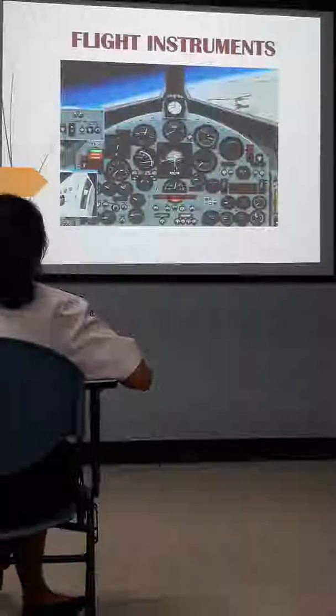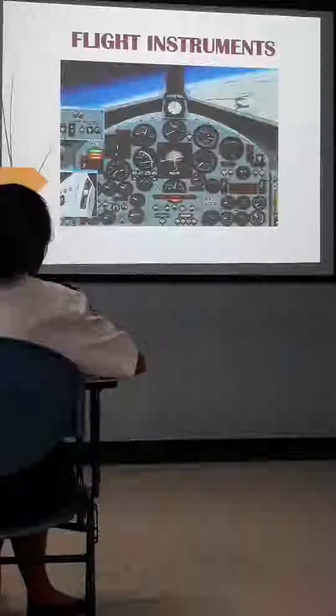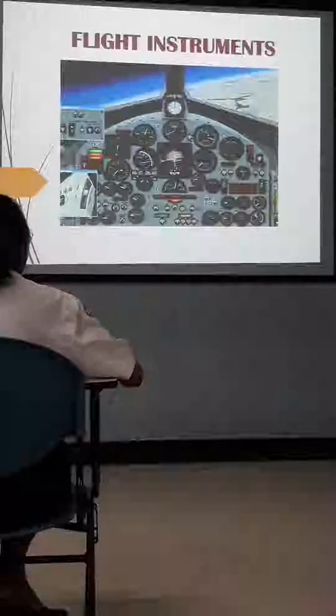When you fly an airplane, what do you need? Direction, yes. You need to know direction, right? What else? Movement, yes, movement of the airplane. We have direction, we have movement, and then speed, velocity.